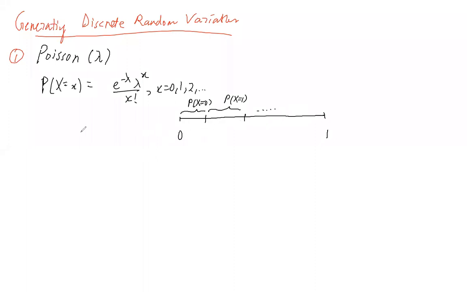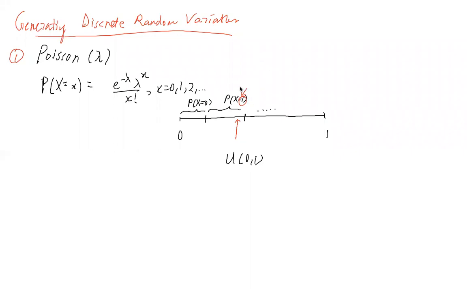Okay, so suppose you choose a uniform random variable between 0, 1, all right? Let's say you got some value around here. So this one hits the value of 1 here, right?